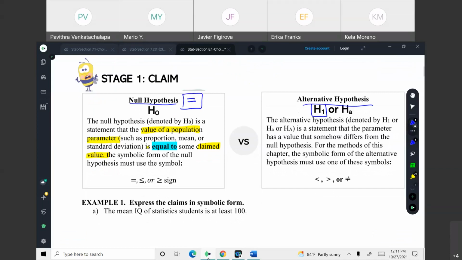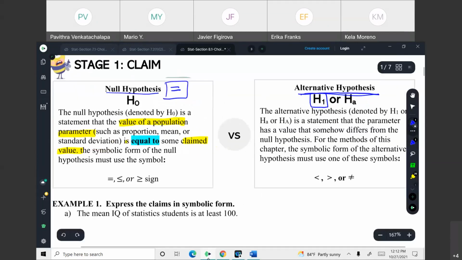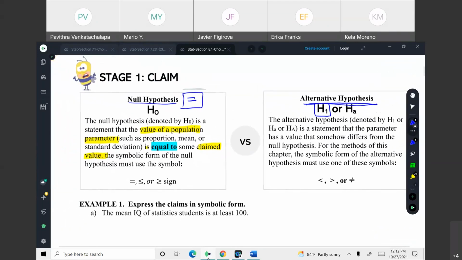Now, what is alternative hypothesis? If the parameter value is not equal to what you thought, what you are claiming, then it is alternative hypothesis. Very simple. Now you will be denoting alternative hypothesis using the below symbols: less than, greater than, or not equal.